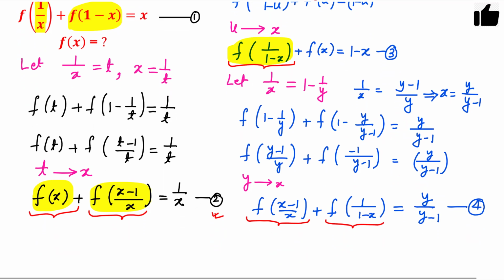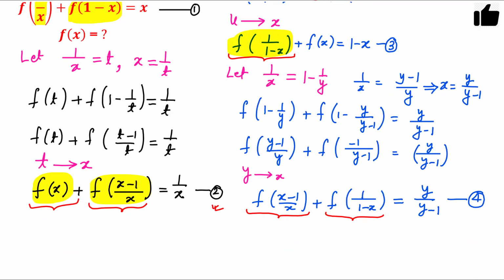So let's do that. So what we are doing is substituting f of x minus 1 by x and f of 1 by 1 minus x from 3 and 2 respectively. So this is from 2 and 3.